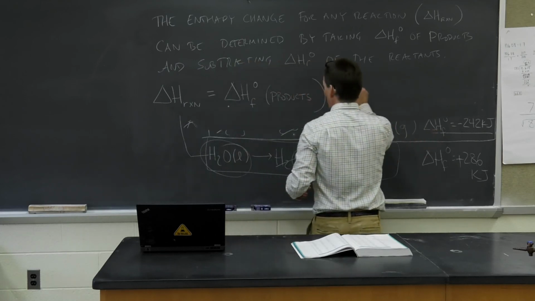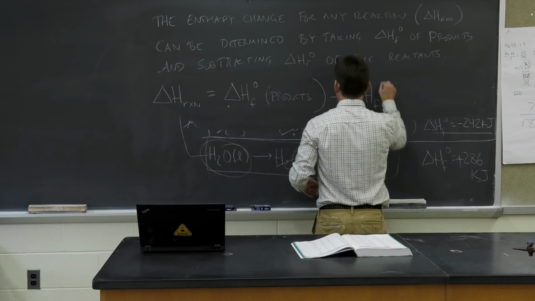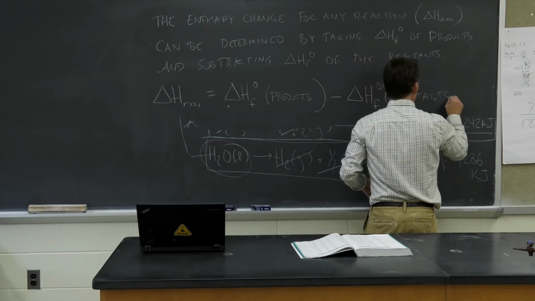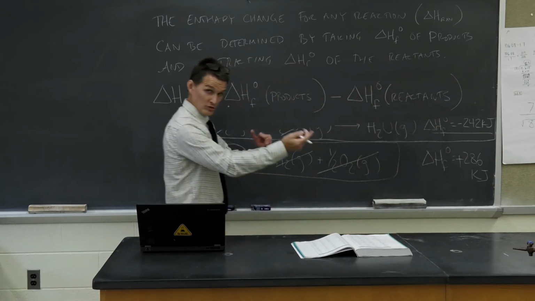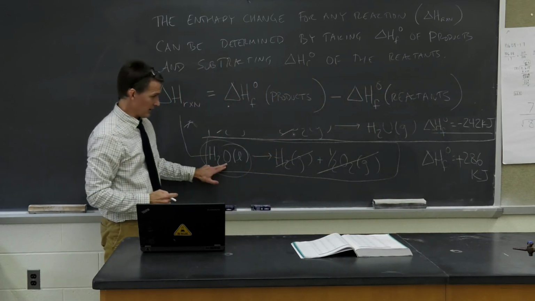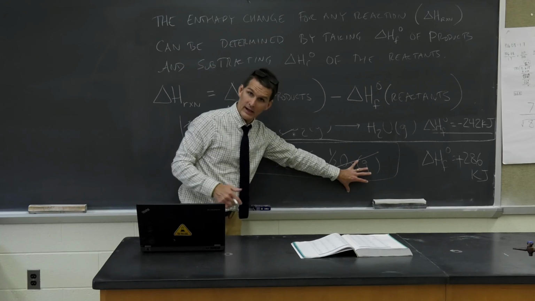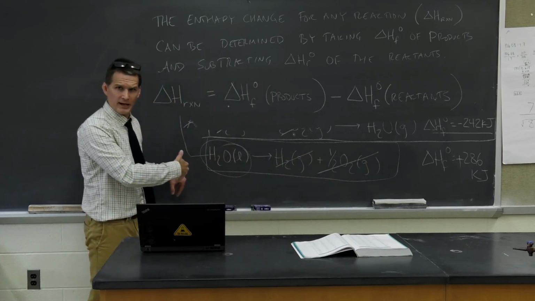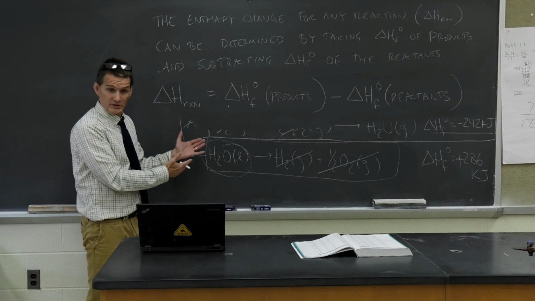But we're going to have to subtract the enthalpy of formation of the reactants, because those need to be flipped in order to get what's normally written as a product in the enthalpy of formation. We have to move them over to the reactant side to get the particular equation that we're looking for.